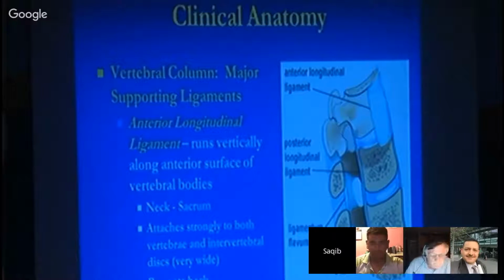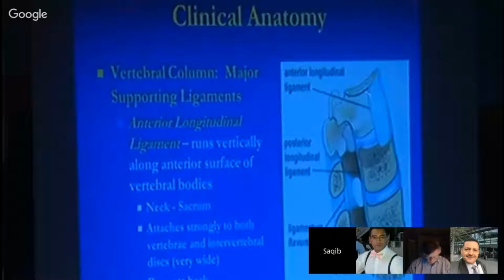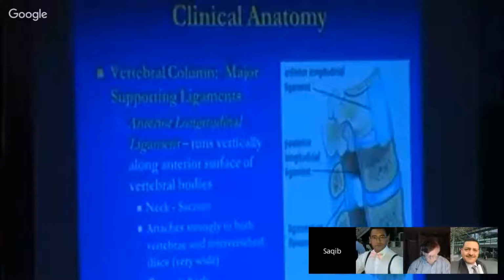So the supporting ligaments are equally important as the bone for the stability of the cervical spine. The anterior longitudinal ligament is very strong. It prevents hyperextension and is a major contributor to the stability of the cervical spine.